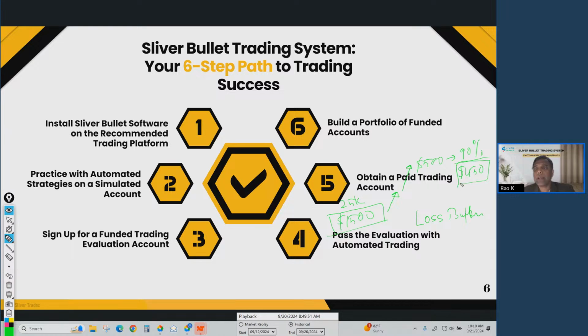Make $450 on top of it. Even if you make this in, say, 1 month, you rinse and repeat this process, steps number 3, 4 and 5, and build a portfolio of funded accounts.